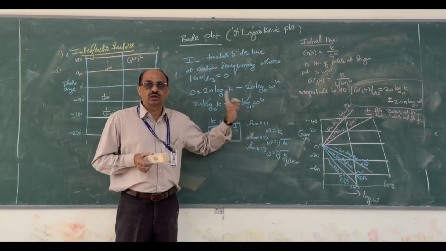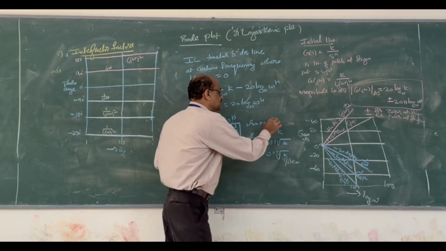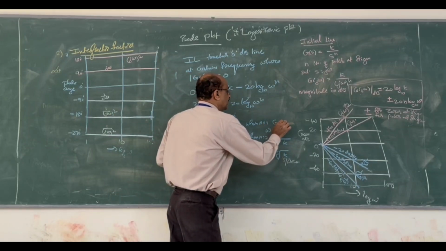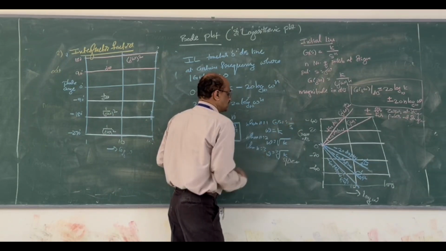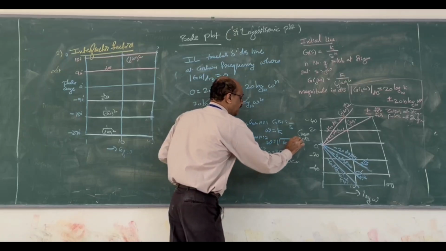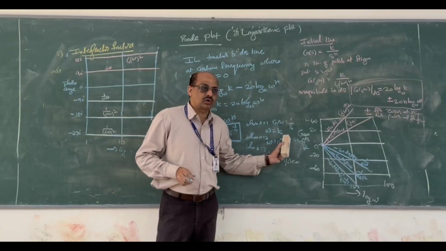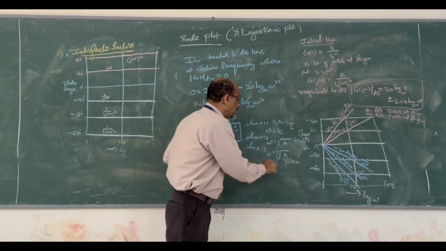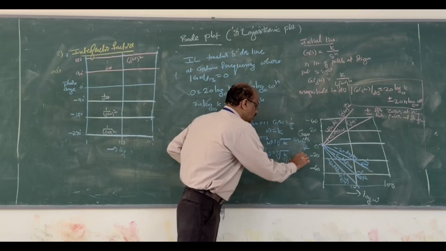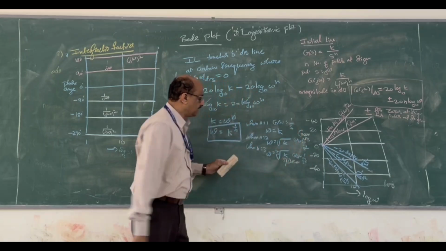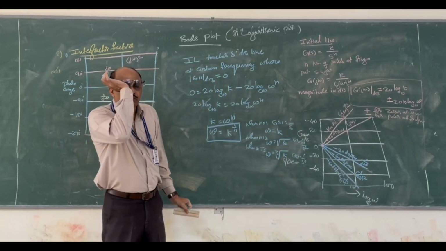If there is one pole at origin, that means g of s equal to 1 over s. If two poles are there at origin, that is, integral factors are 2, then it is square root of k. If 3 are there, g of s is equal to 1 over s cube, then it is cube root of k.